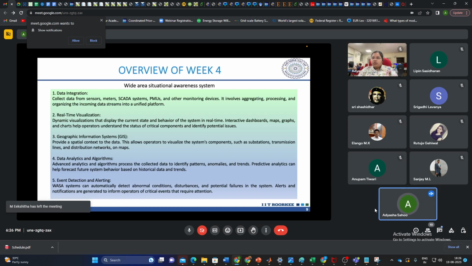The wide area monitoring system can automatically detect these disturbances, and the system operators will see a lot of notifications. They'll get a pop-up notification that these disturbances are happening at this particular place, so that the system operator can now calculate what corrective actions it has to take.